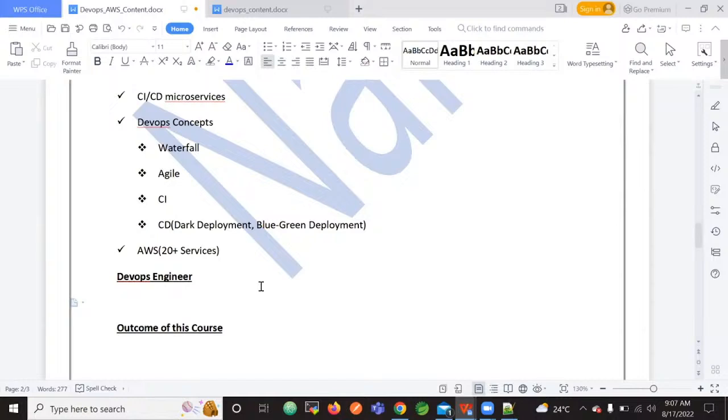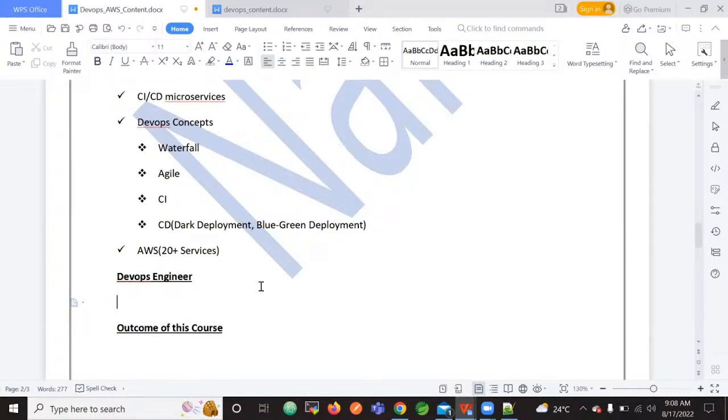Basically, the automation concept we will use for continuous build and then deployments. That means if source code is there, and we are writing source code to deliver something very quickly, we will use this automation process. For example, JBoss source code we won't write, right? JBoss is not our thing.